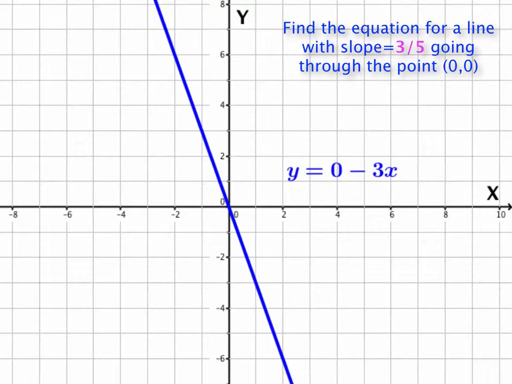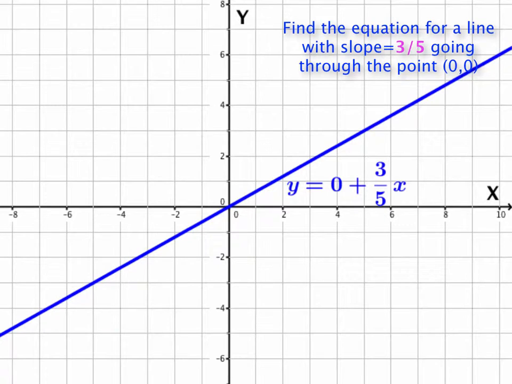Well, I think the equation in that case would be y equals 0 plus 3/5 x, or just y equals 3/5 x. And last but not least, what if we wanted the slope to be 7/4, still containing the point 0, 0? 0 is still going to be the y-intercept, the slope is 7/4, so I think our equation would be y equals 0 plus 7/4 x, or of course just y equals 7/4 x.